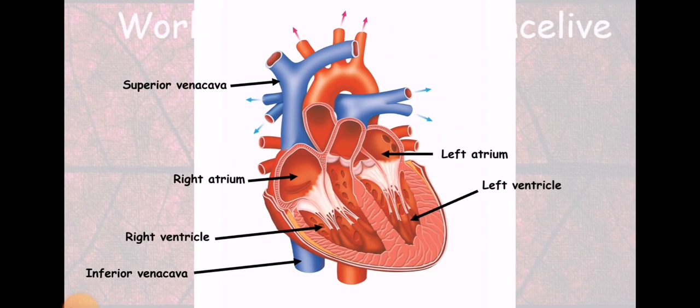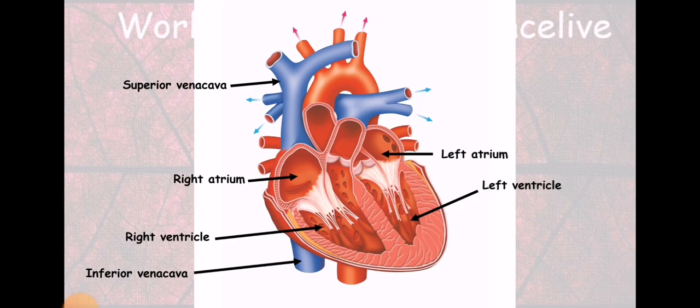These 2 vena cava bring deoxygenated blood, that is blood with carbon dioxide gas, into the right atrium. When our right atrium is filled with deoxygenated blood and its pressure is high, the tricuspid valve, which is located in between the right atrium and right ventricle, opens and blood flows into the right ventricle.